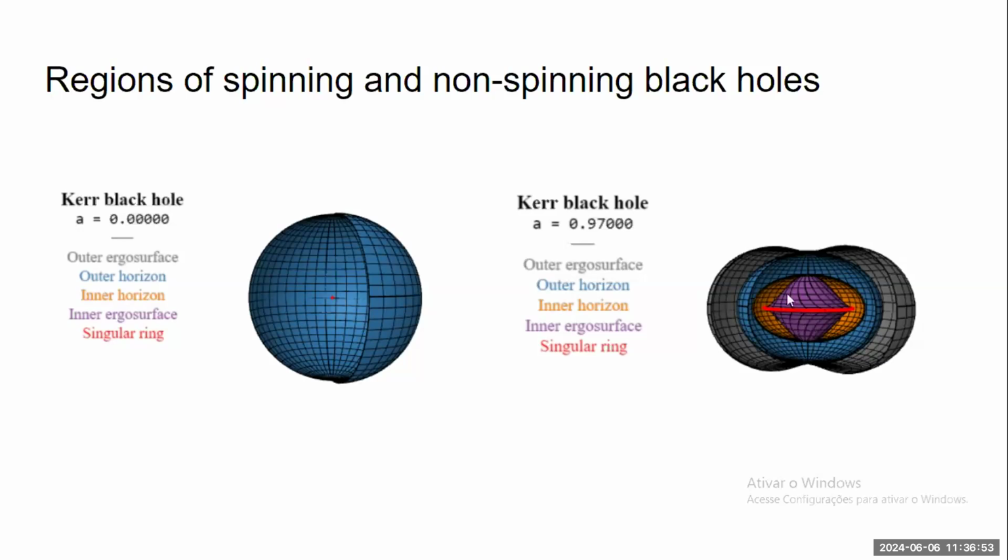Of course, this mathematics of Kerr black holes is not accurate for astrophysical ones, because we don't expect the inner horizons or inner ergo surface to exist, because there are studies about the stability of these inner regions. But the outer ergosphere and the outer horizon, of course, exist.